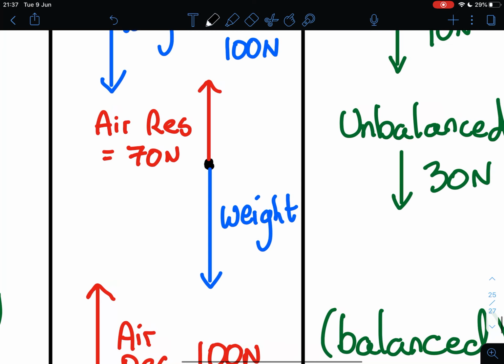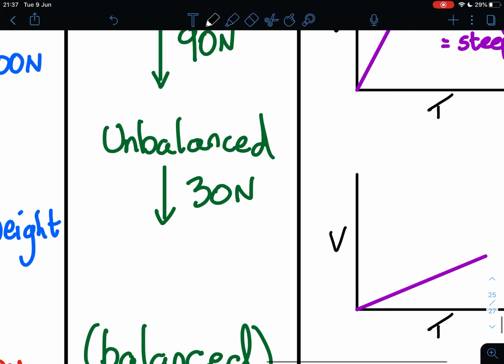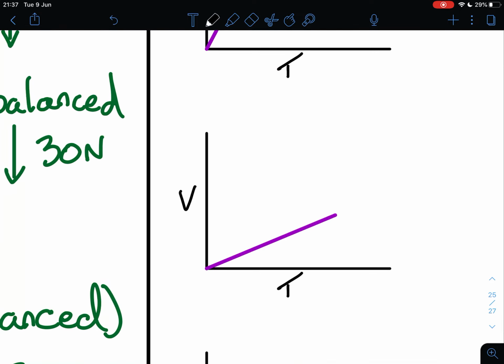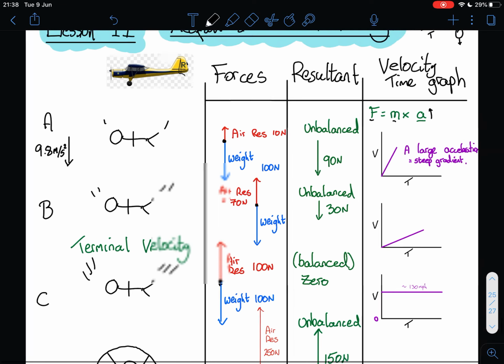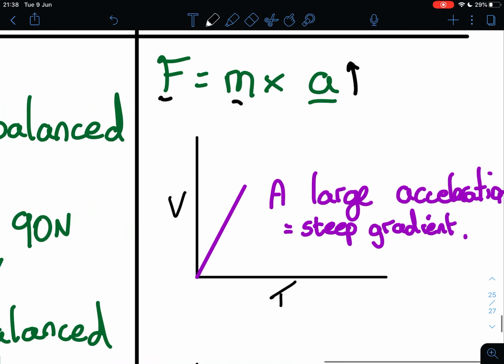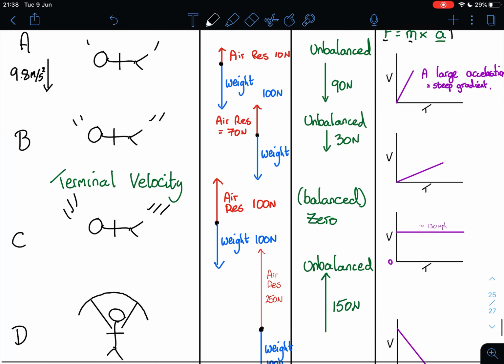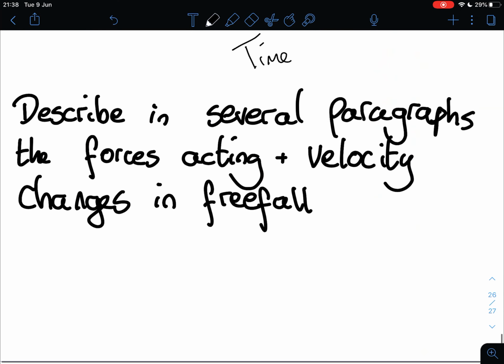Your air resistance increases. The unbalanced force becomes smaller. A smaller unbalanced force creates less acceleration. You get the idea. So you're just reading each part off, putting it into words, and working your way along. If you do it correctly, you're looking at about half a page in your exercise book.